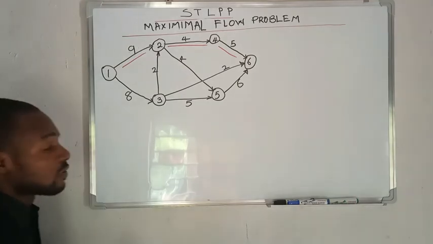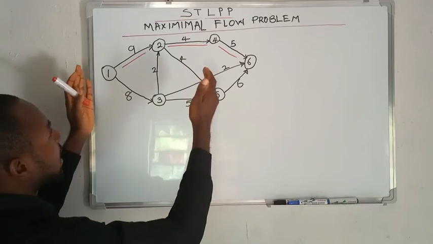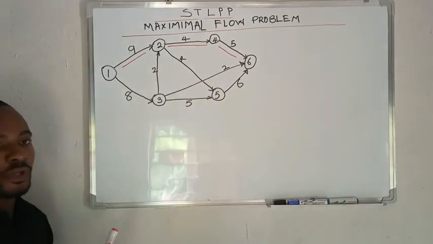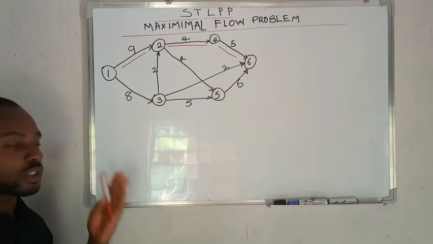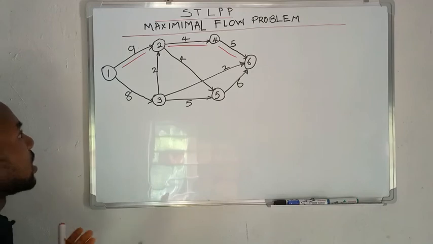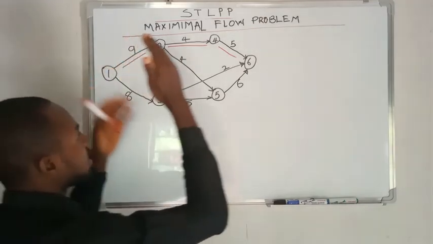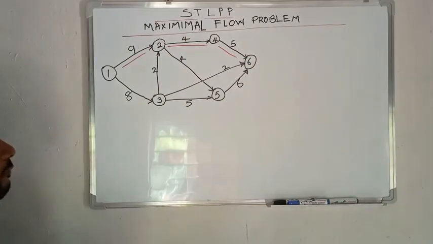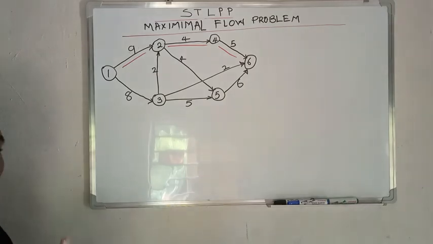So when trying to know the total amount of flow we can pass through this network, there are two ways that we can find the solution to this problem. The first way is to go through all the paths that will lead us from the source node down to the sink node, and then check the maximum amount of flow we can pass through each of them, add them up together and get a result.